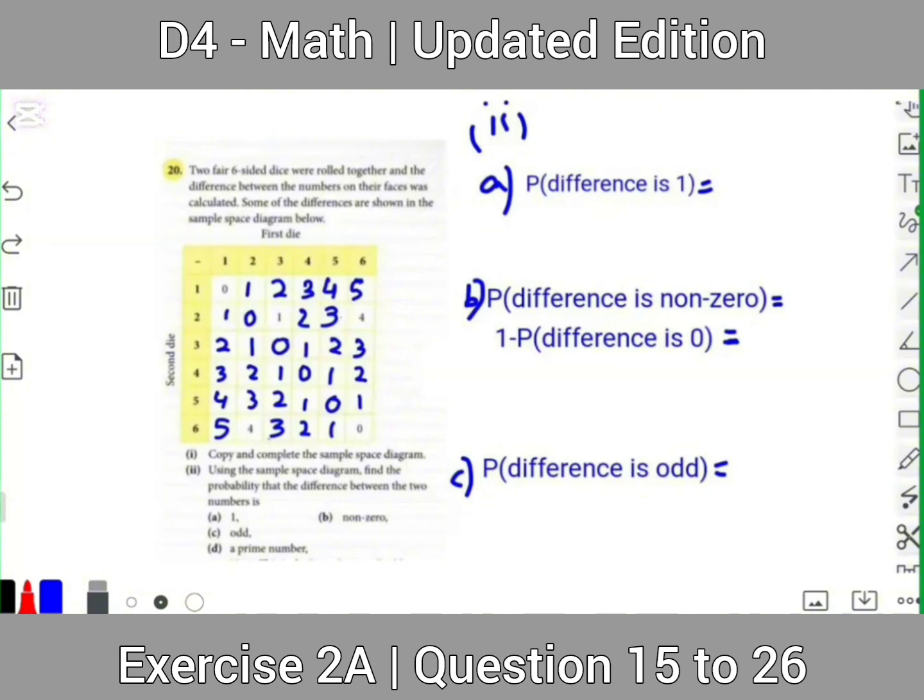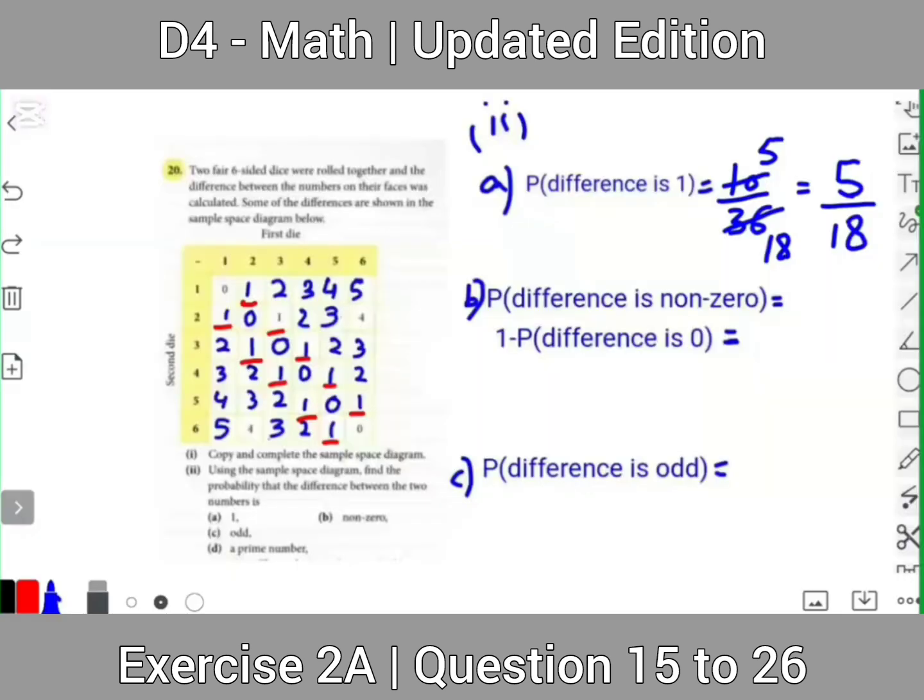So here we have 1, 2, 3, 4, 5, 6, 7, 8, 9, and 10. So the number of favorable outcomes is 10, and the total number of outcomes is 36. So it will be simplified to 5/18. So the probability that the difference is 1 is equal to 5/18.